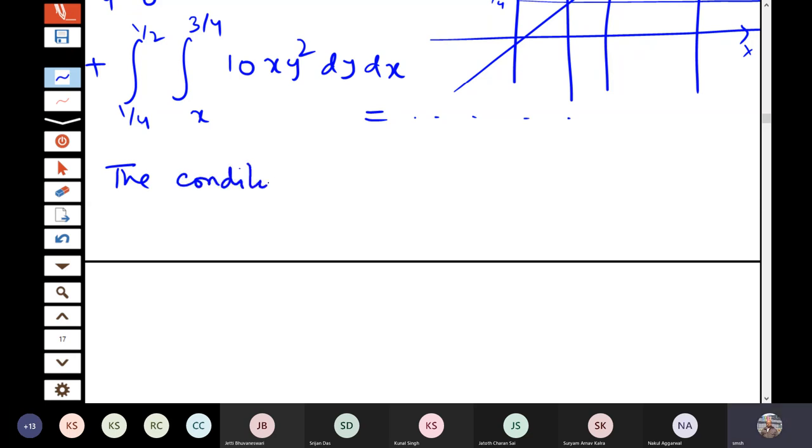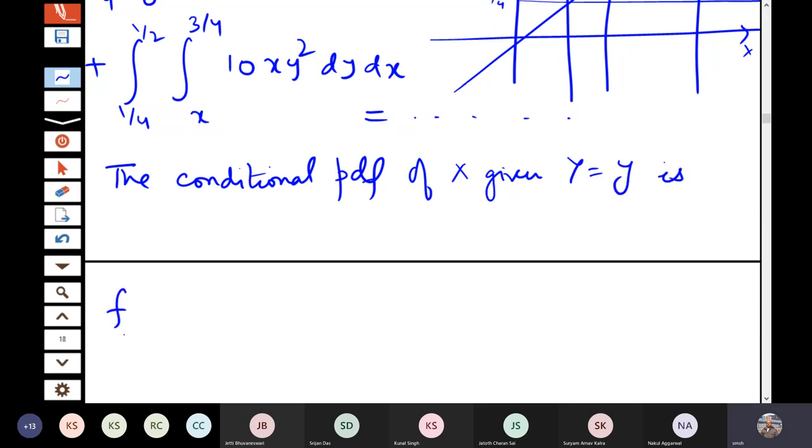The conditional probability density function of x given y. So that is the joint distribution here of xy divided by the marginal of y. So joint is 10xy square divided by 5y to the power 4.